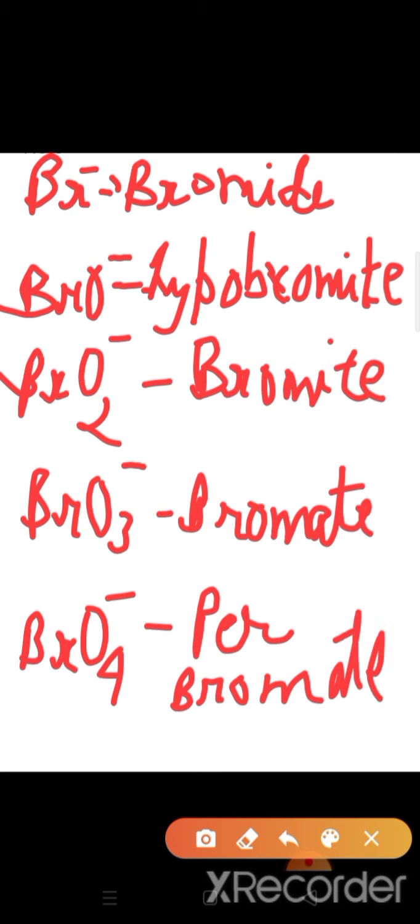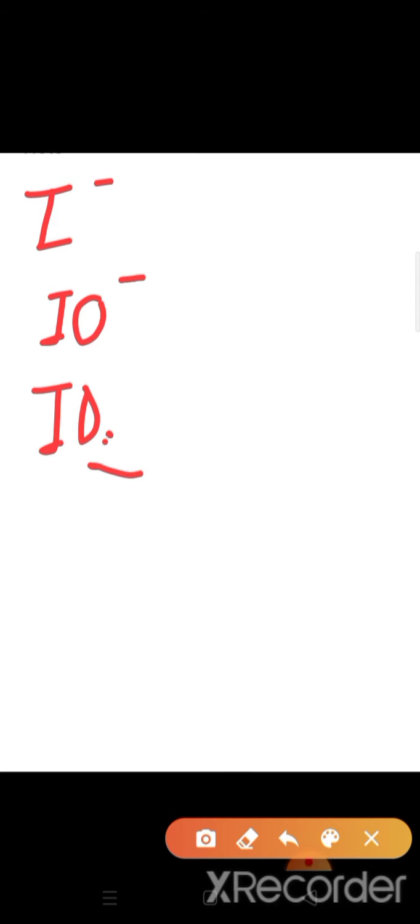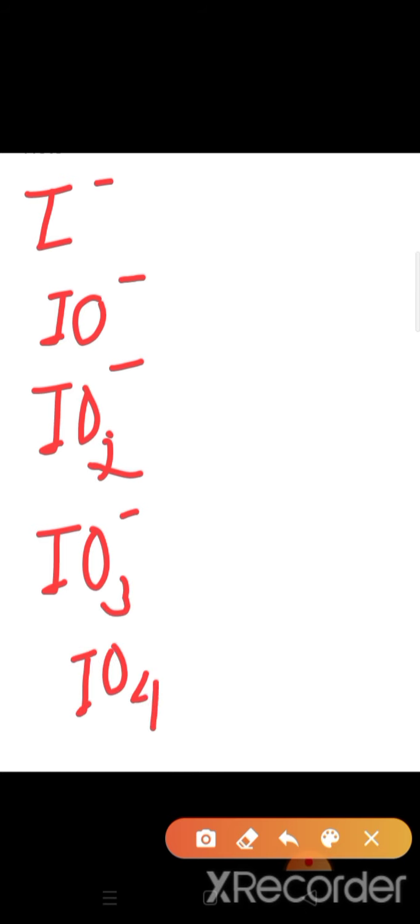Now for iodine: I negative, IO negative, IO2 negative, IO3 negative and IO4 negative, just the same. What is the name of I negative? Iodide. For IO negative, hypoiodite.